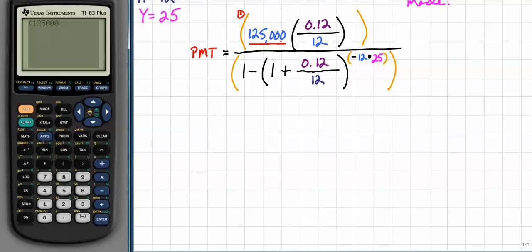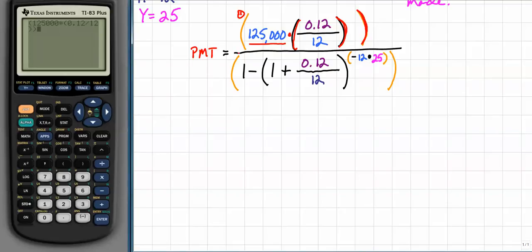Then I'm going to multiply by this set of parentheses, so I press the multiplication key. I will open this set of parentheses right here, and then put in 0.12. I'm going to divide that by 12. Now notice that I have to close the set of parentheses here, and then close the other set of parentheses here. So I will put 2 parentheses.